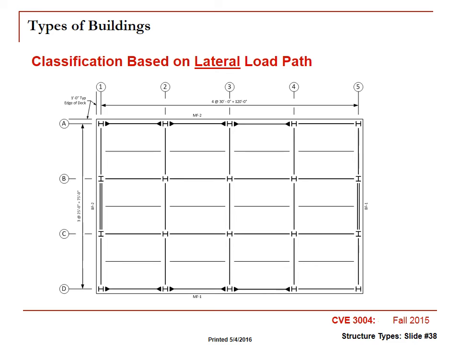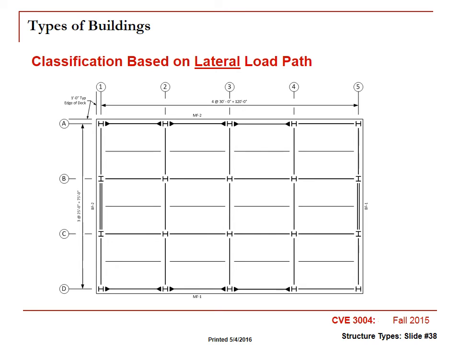A moment frame is where a beam is connected into a column, but the connection is a little bit different. It's a little bit more amped up, if you will. We'll talk about this as we go onwards in the class. But it's connected in a way that transfers the moment that's on the beam into the column. So it's a rigid type of connection, not a flexible type of connection.